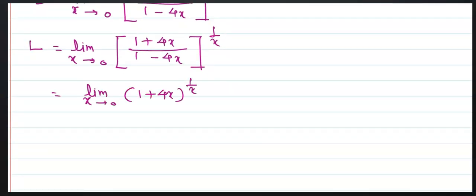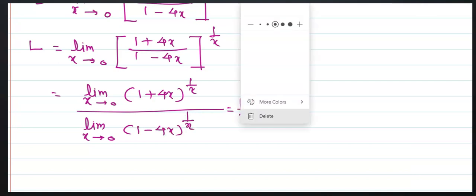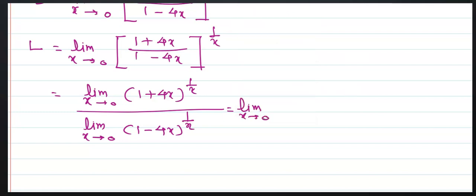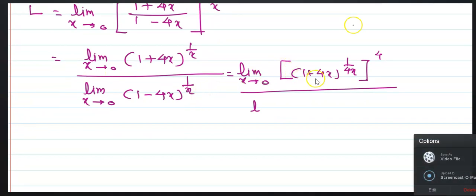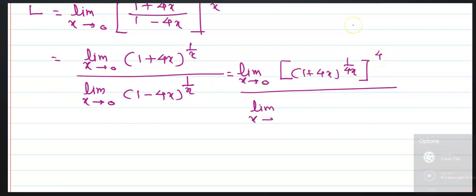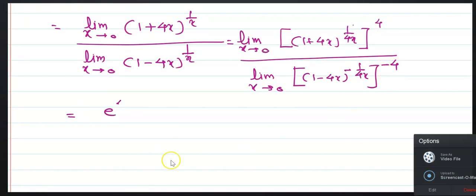That is, limit x tends to 0, (1 plus 4x) to the power 1 upon x over (1 minus 4x) to the power 1 upon x, and therefore we'll adjust here 1 upon 4x. That is, limit x tends to 0, (1 plus 4x) to the power 1 upon 4x, whole bracket to the power 4, for the denominator, limit x tends to 0, (1 minus 4x) to the power 1 upon minus 4x, whole bracket to the power minus 4.